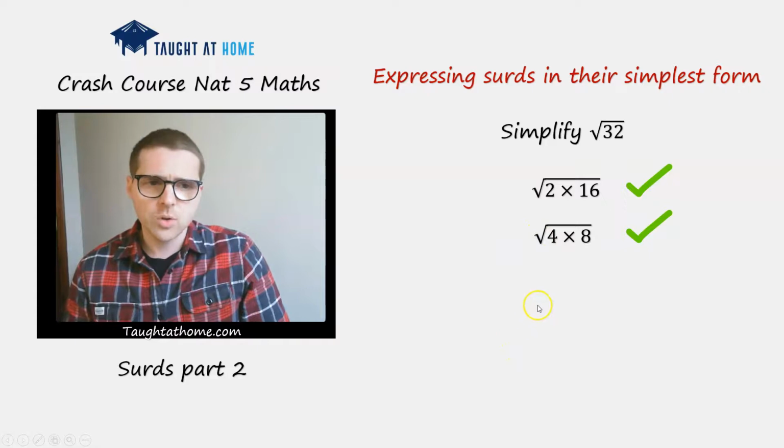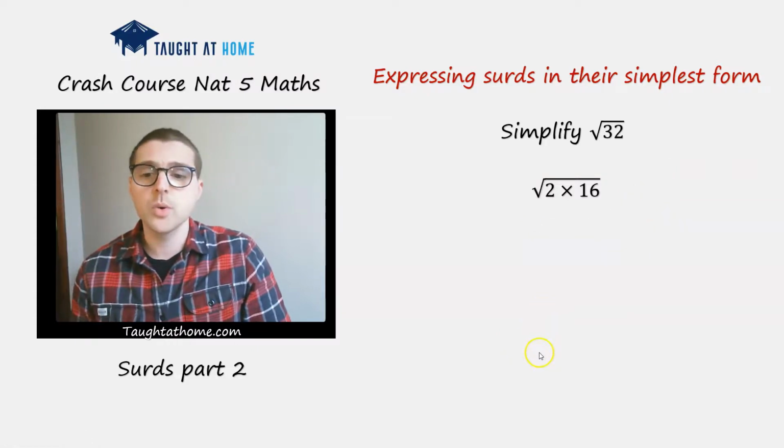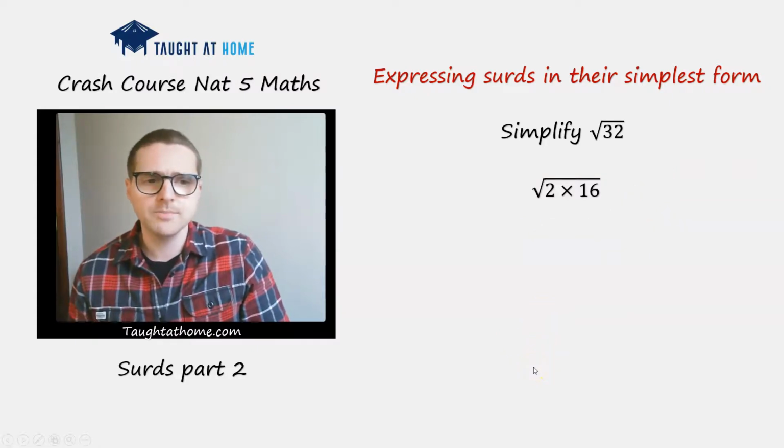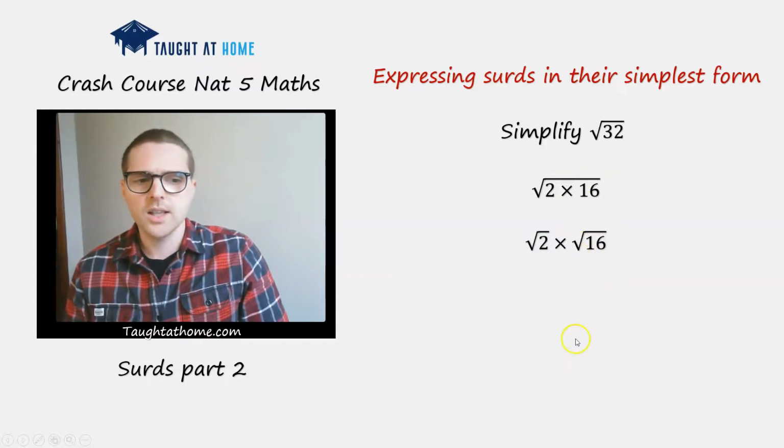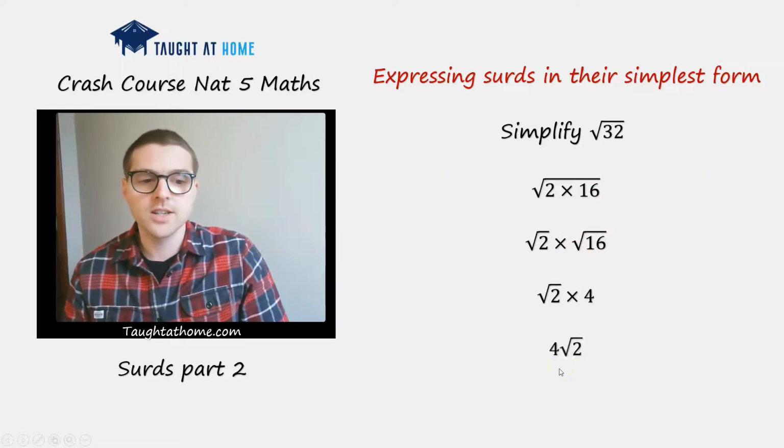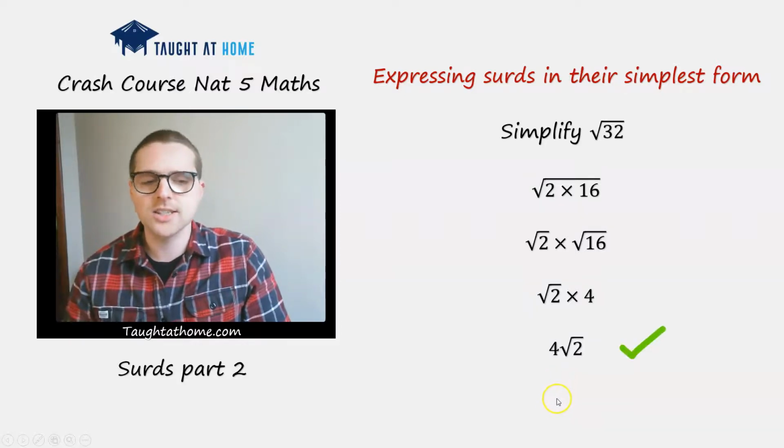So let's first of all take the first one, the square root of 2 times 16. Let's split that up as a product of two square roots, and we know that this can be converted into a whole number. So we've got the square root of 2 times 4, and we're just going to rearrange it to be 4 times the square root of 2. And that is the surd in its simplest form.